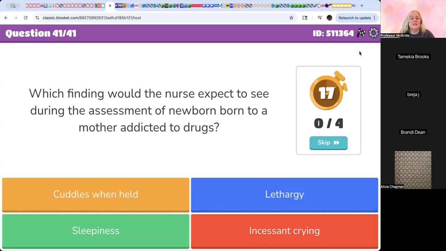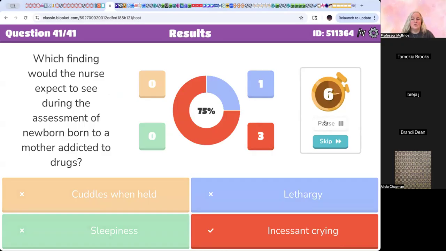Which finding would the nurse expect to see during the assessment of a newborn born to a mother addicted to drugs? Okay, good. So remember with this, guys, if your baby is withdrawing, everything's up. They're not lethargic, they're not snuggly, they're not sleepy.